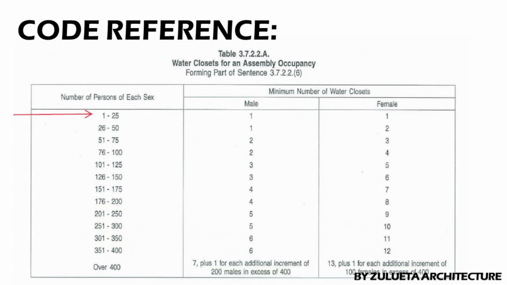So you fall under that first category, which I put an arrow on, which is 1:25. So you would be needing one male and one female toilet. And because the restaurant is open to the public, these toilets need to be barrier free.